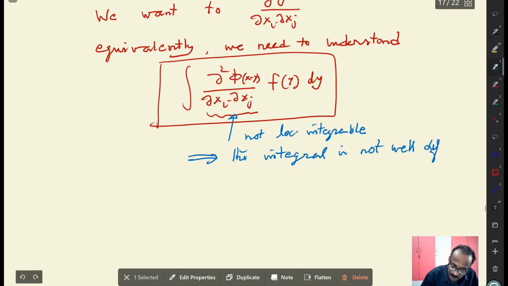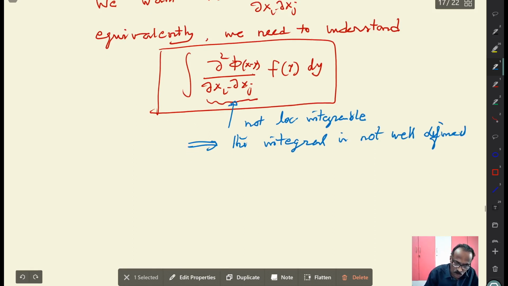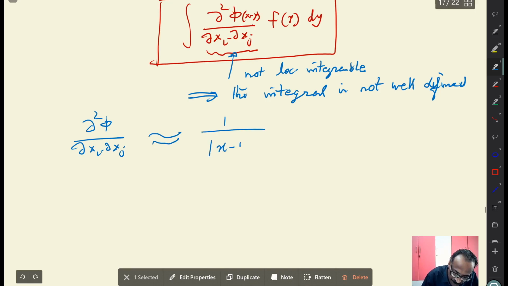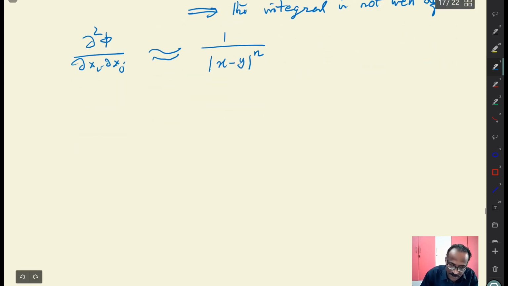That's where we have an issue, because d square phi by dxi dxj has a singularity that behaves like 1 by mod x minus y power n.